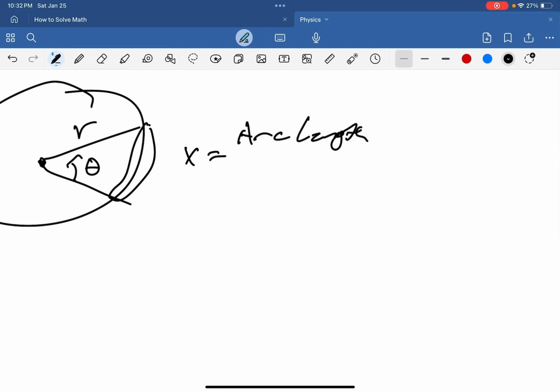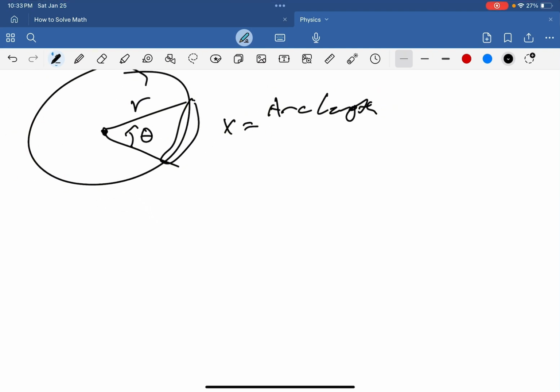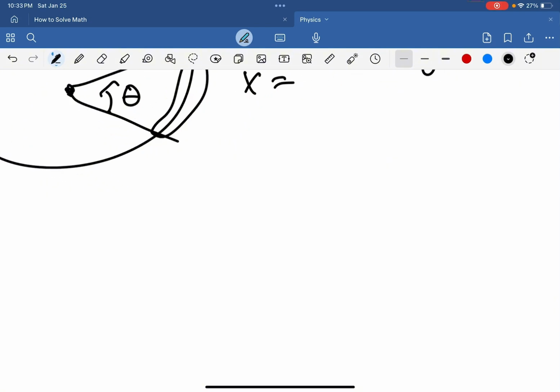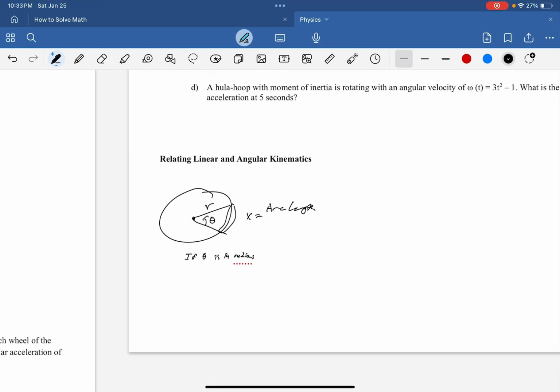There's an equation for this in calculus, but right now we're going to focus on the equation here in physics. So arc length in physics, specifically relating to angular terms. We know this if theta is in radians. Actually, my apologies, guys.